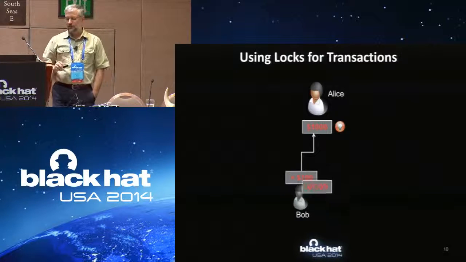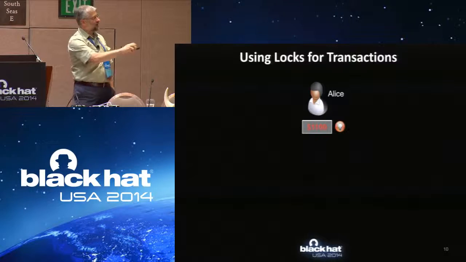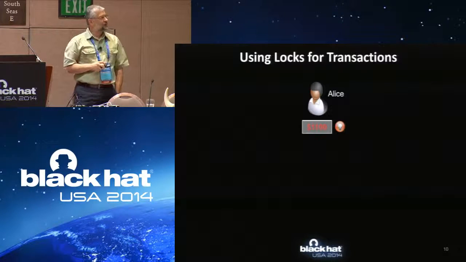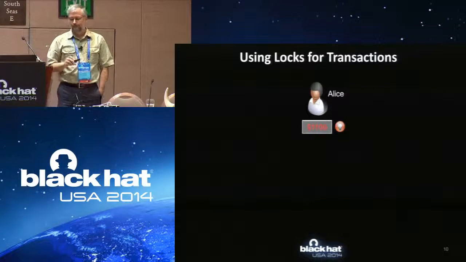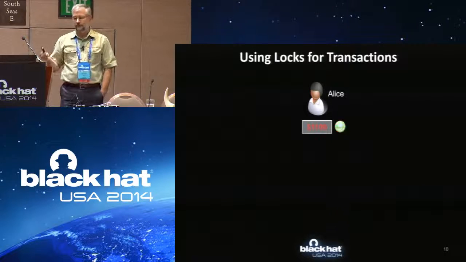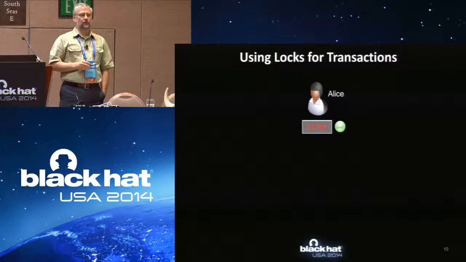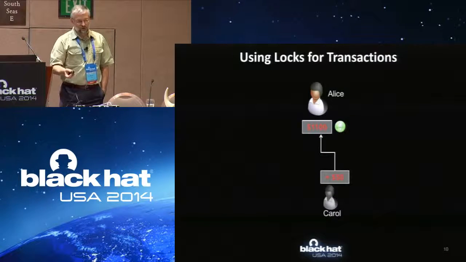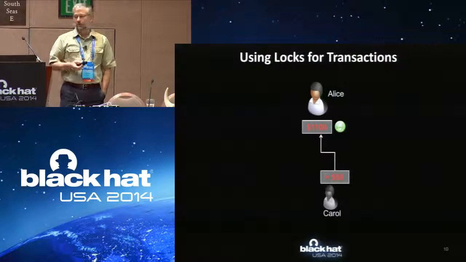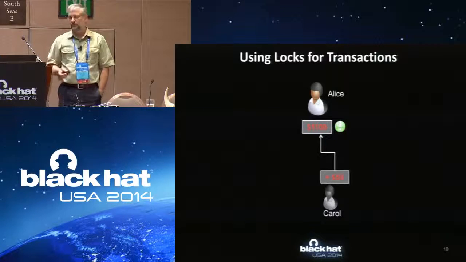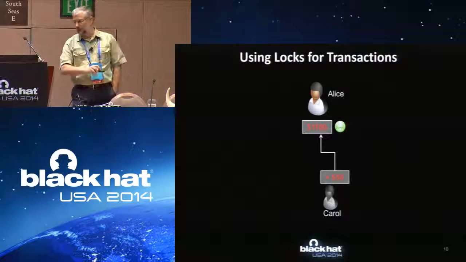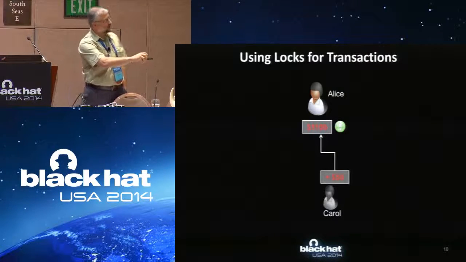Then the transaction is complete, 100 is added, Alice ends up with $100 more than she had. And at this point, the lock can be released, and it's again a green light. Another transaction, which potentially was waiting for the lock, checks it's green, and Carol wants to add $50.